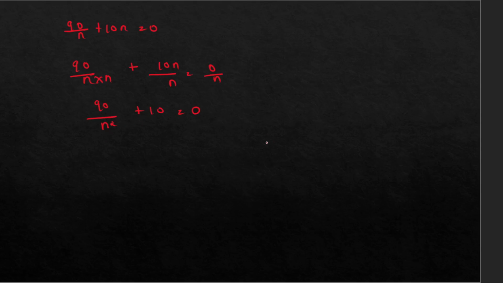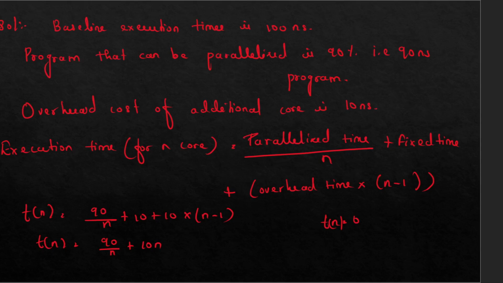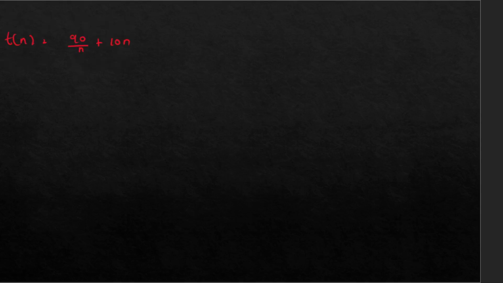Or if you have any confusion in this case, you can put the t values and check what answer is coming, instead of doing this. So this is the equation we have got. You can simply check by putting values.